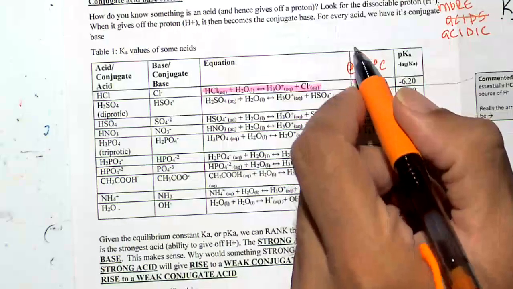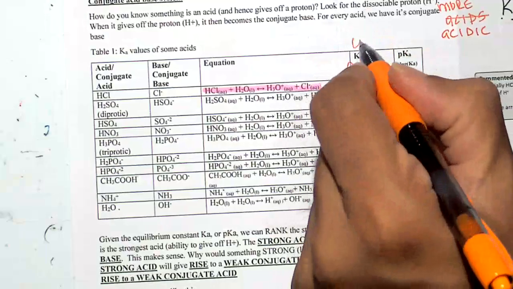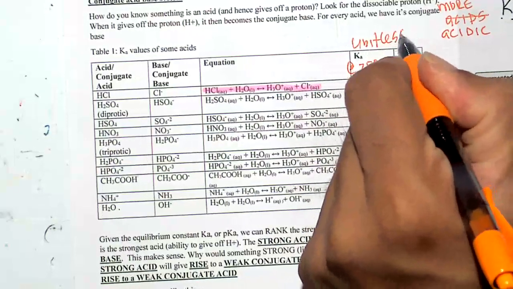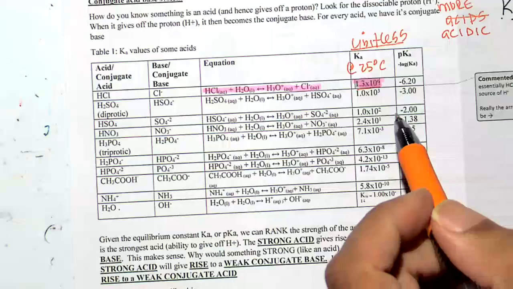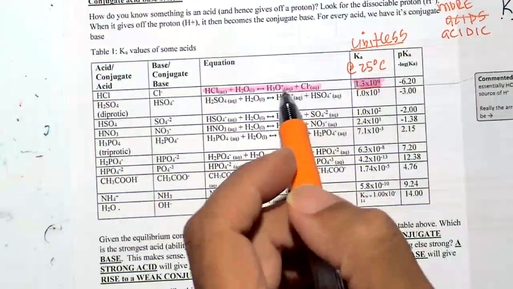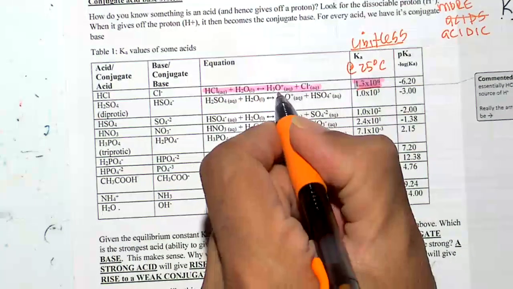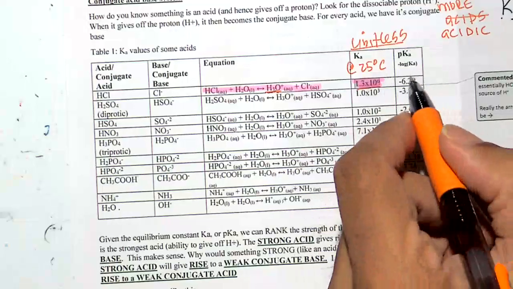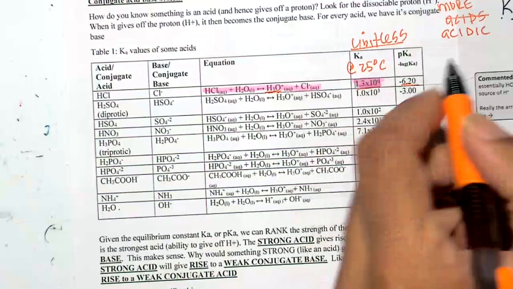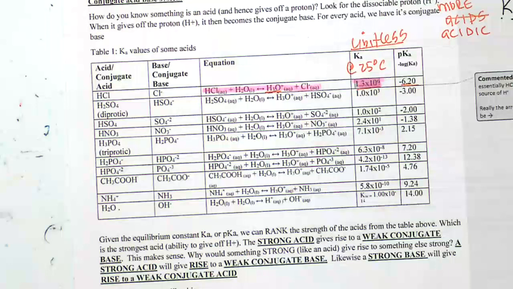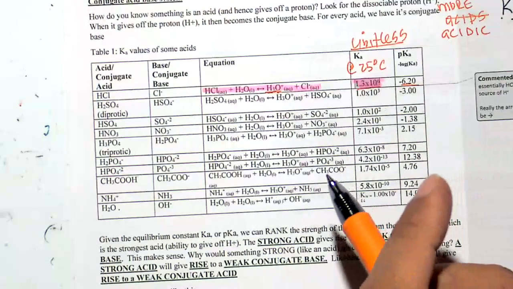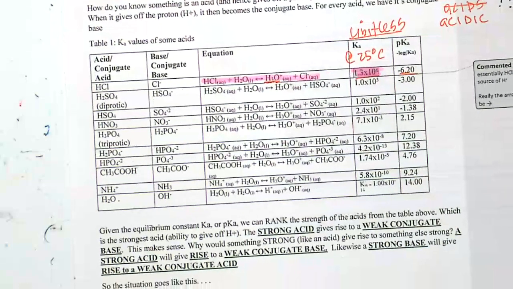That's huge. Remember there's no units here. These are unitless. That number is huge, so that's going to very much favor the products, and you'll get a lot of H3O+. And your pKa is very, very small. Notice it's going all the way down to the negative numbers, minus 6.20.